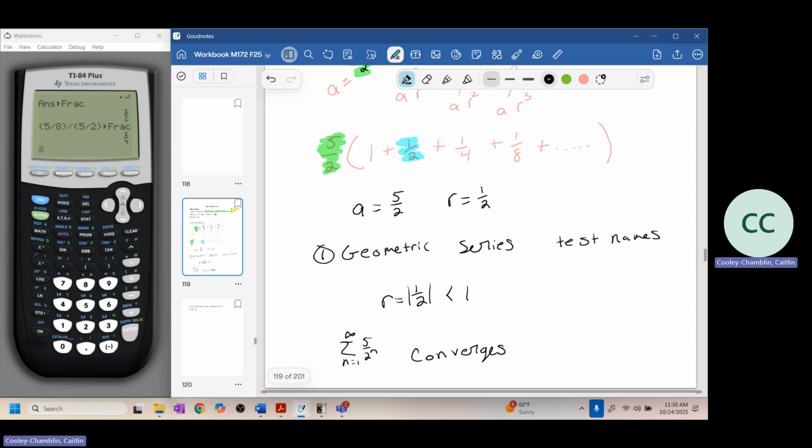What is the criteria that it met or didn't meet? r is less than 1. That's all it means. And then what is our conclusion? Three things.